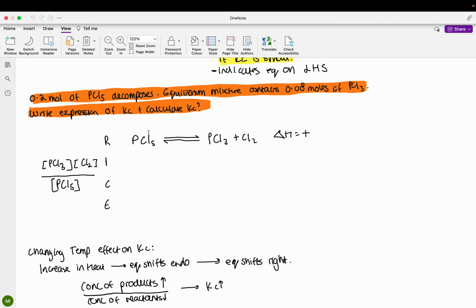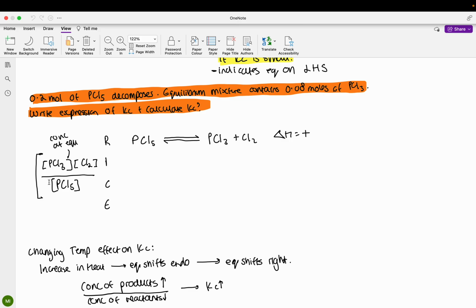Okay, now one important thing that you have to know is in this expression that you wrote, the square brackets mean concentration. So in the expression, when we say the concentration of PCl3 multiplied by the concentration of Cl2 divided by the concentration of PCl5, the concentration that we're talking about is the concentration at equilibrium.